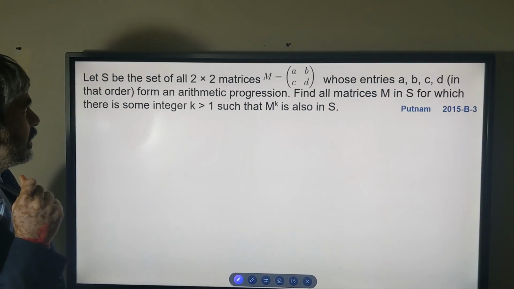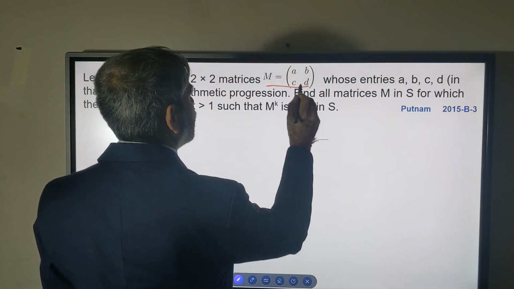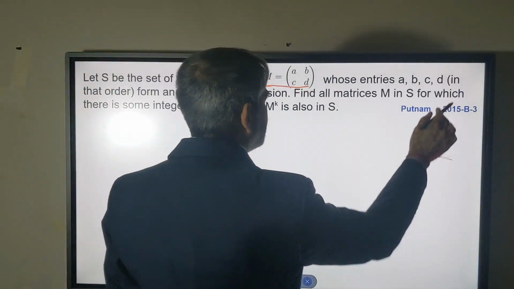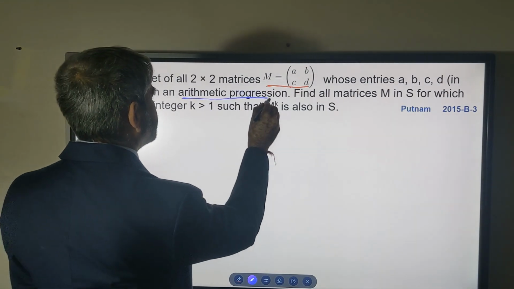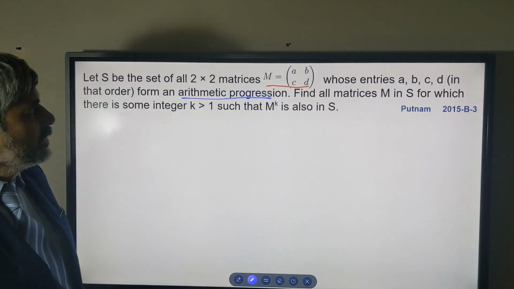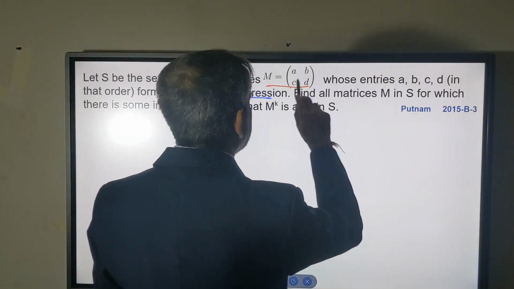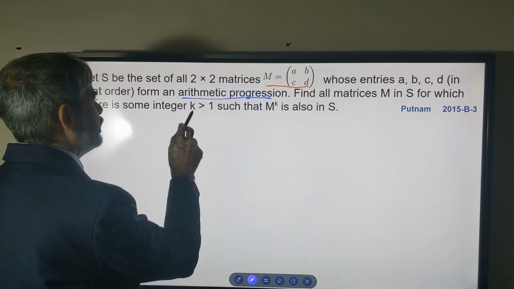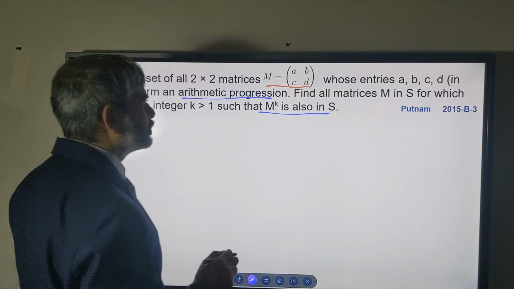We have this matrix M, with entries A, B, C, D in arithmetic progression. Then we need to find all matrices M in S for which there is some integer k greater than 0 such that M to the power k is also in S.